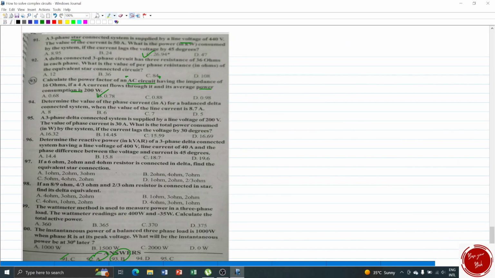Question 94. Determine the value of the phase current for a balanced delta connected system when the value of line current is 8.7 ampere. It is a delta connected system, so IL is equal to root 3 I phase.